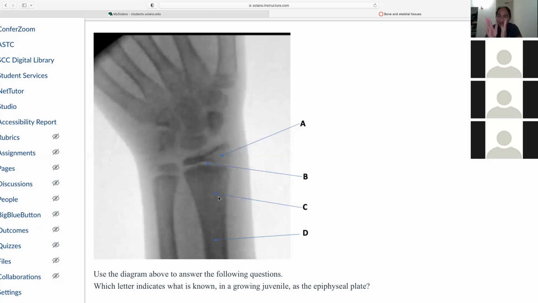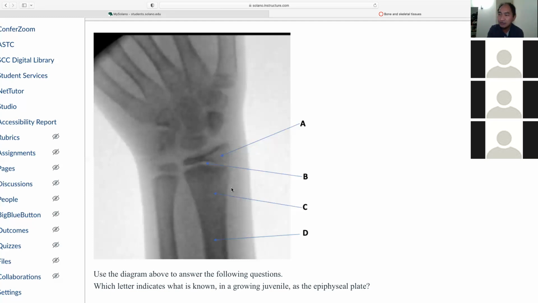It is a flare area of a long bone. Just type it if you want. C is metaphysis. That is for the long bone, where the parallel structure becomes the flare.